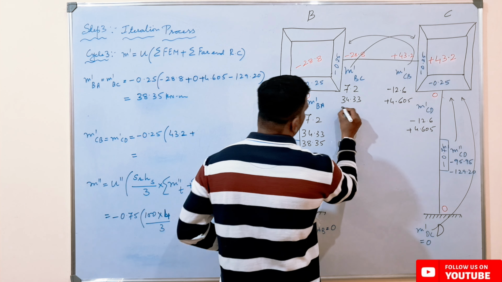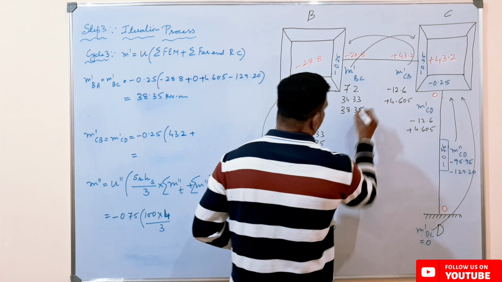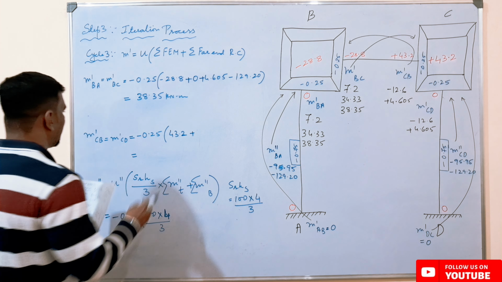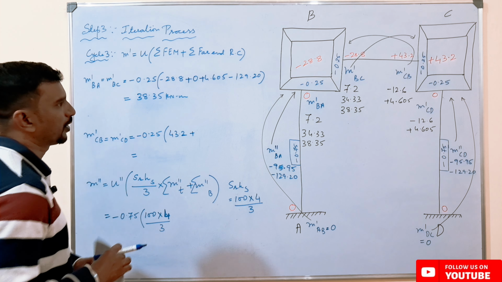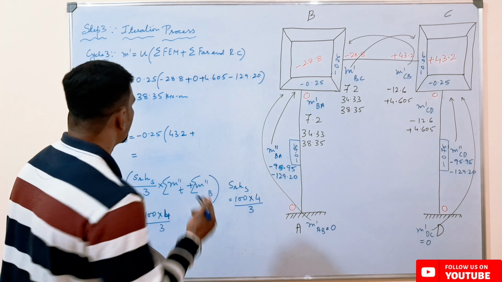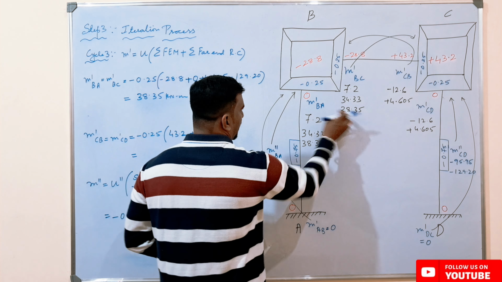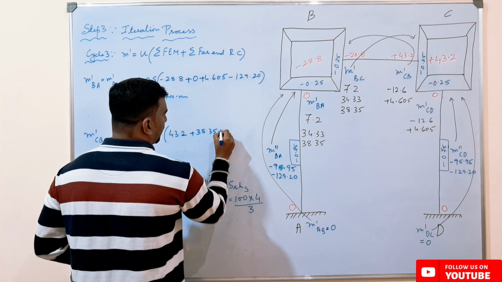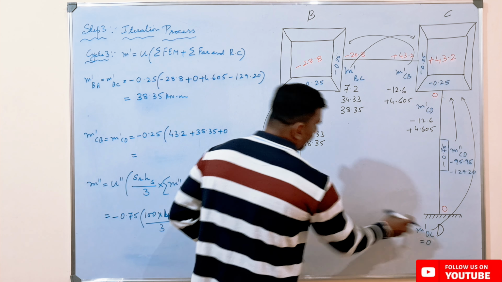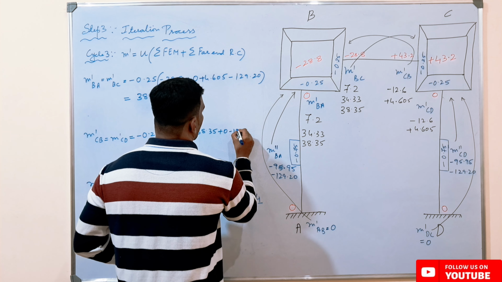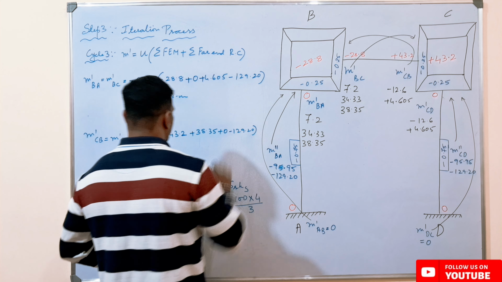So this value will write over here 38.35, here also 38.35, and now if you want to calculate the rotation contributions for m dash CB and m dash CD, so here we are having a new iteration value, that is plus 38.35 plus 0 about this value over here, and we are having a new value, that is minus 129.20.